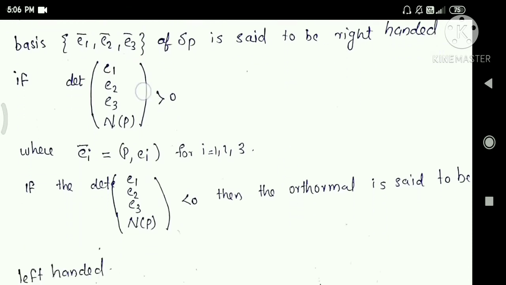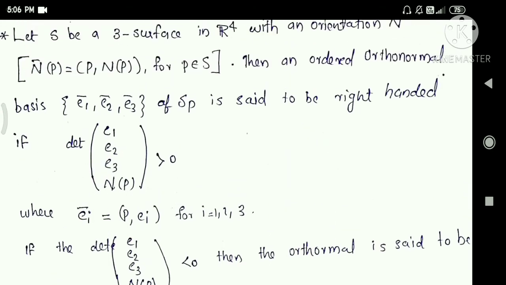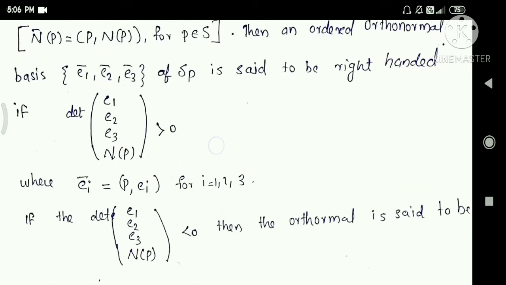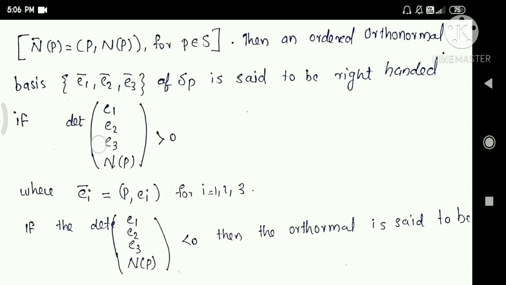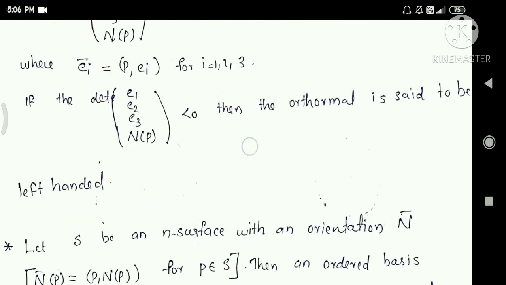And if this determinant is negative, then we say that the ordered orthonormal basis is left-handed. That is, if this determinant is positive, then the ordered orthonormal basis is right-handed, and if this is negative, then the ordered orthonormal basis is left-handed.